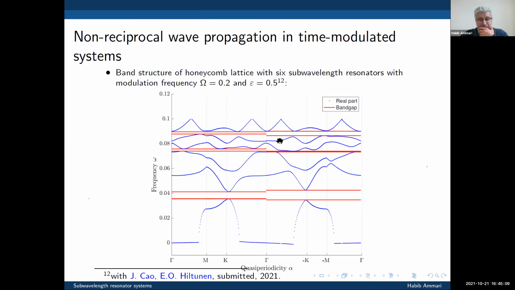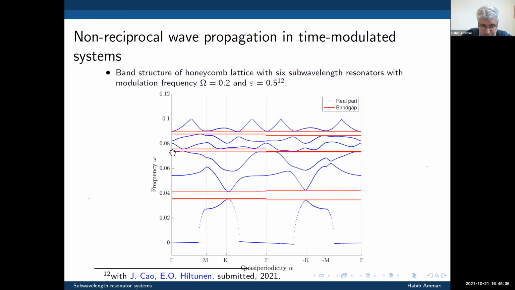Means what? Means that these band functions are no longer symmetric with respect to the origin, with respect to alpha equal to 0. Moreover, there are band gaps which are not symmetrical. Look at the second one here. This is a band gap only for alpha negative, and the other one is disjoint from the first one, and it's only for alpha positive.